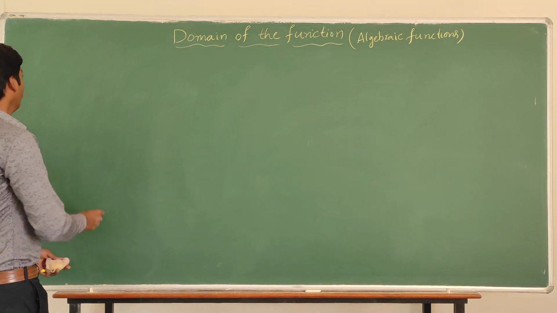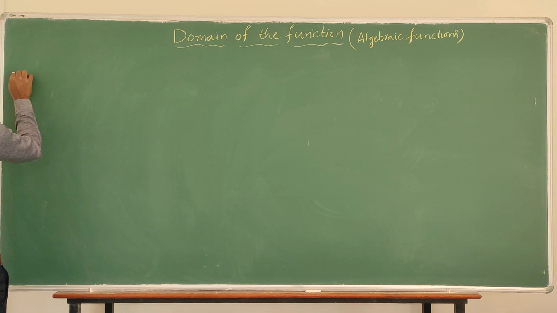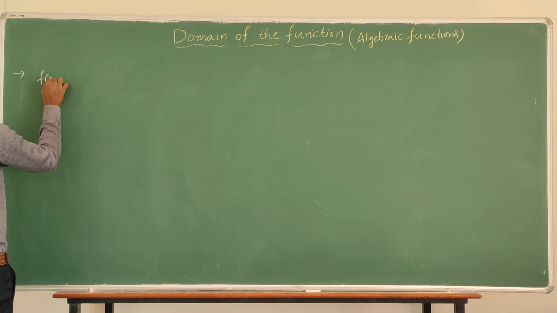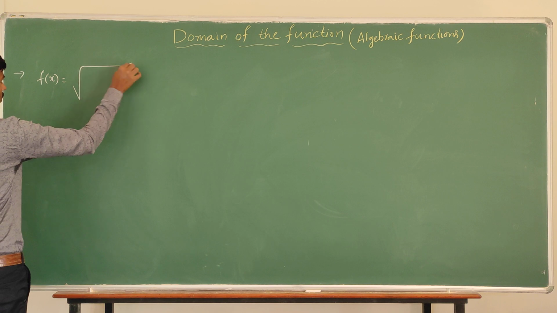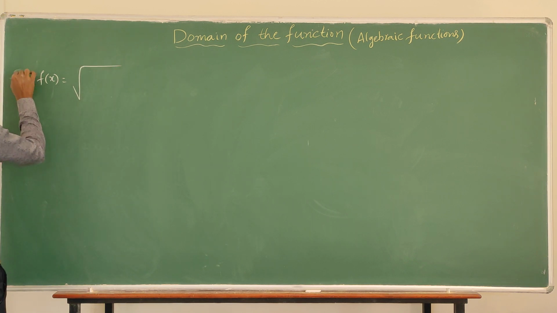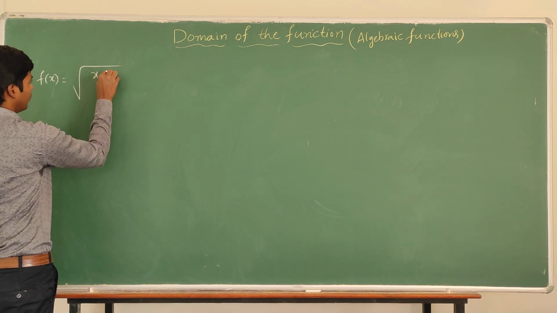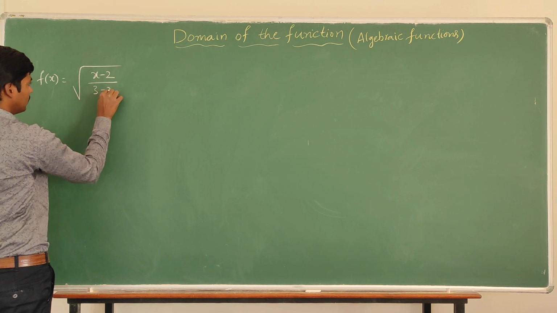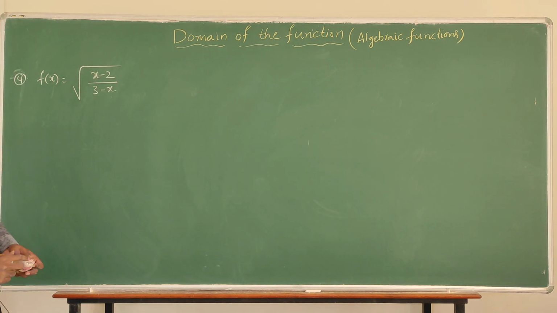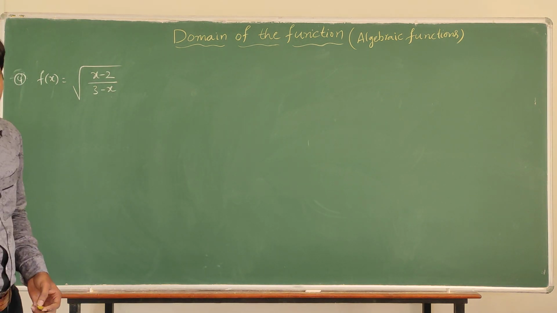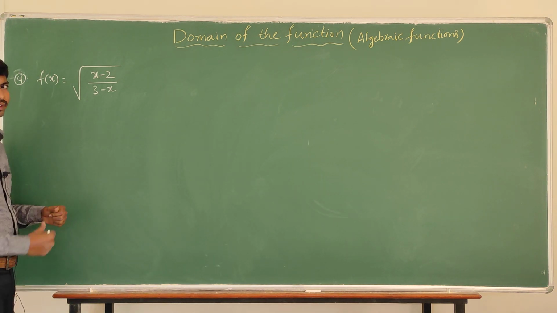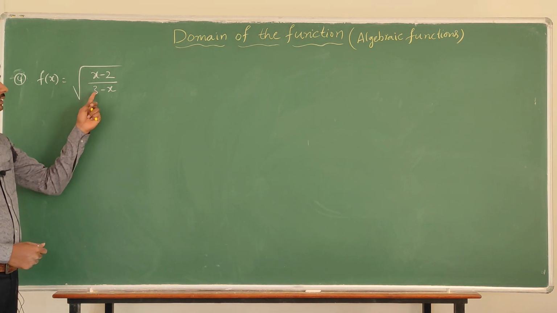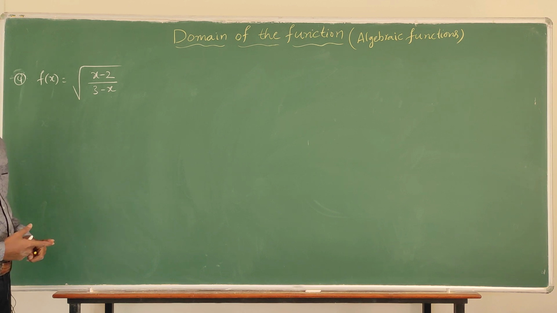so the next example, f of x is my function, or take the fourth one: root of x minus 2 by 3 minus x. So the function is a root function. For the root function, the condition is that the expression under the root is always greater than or equal to 0.